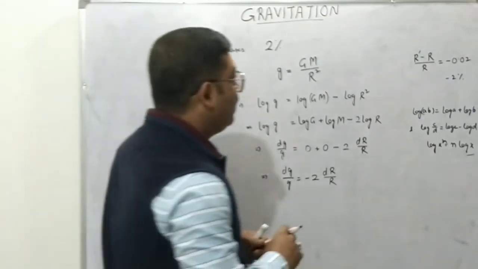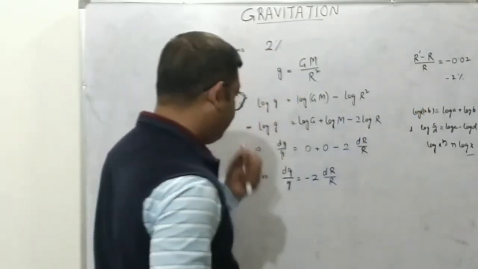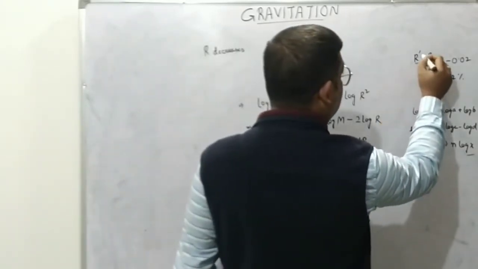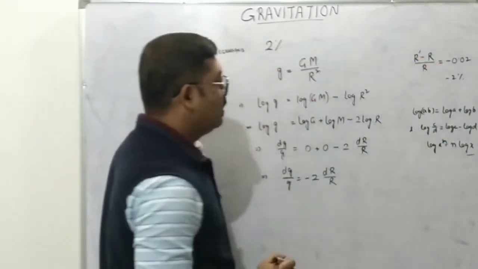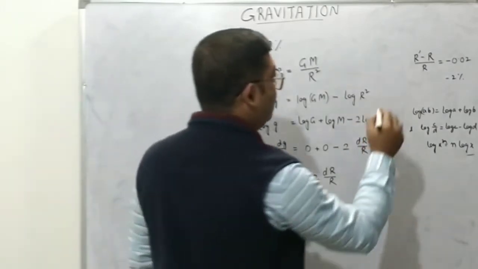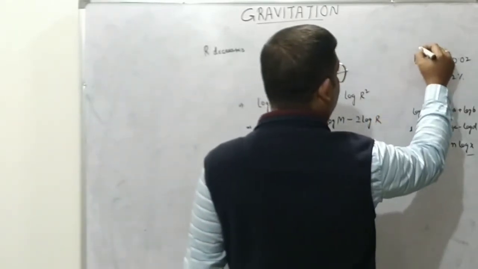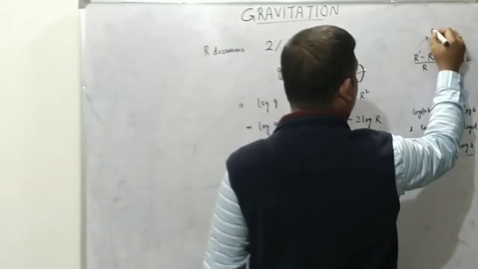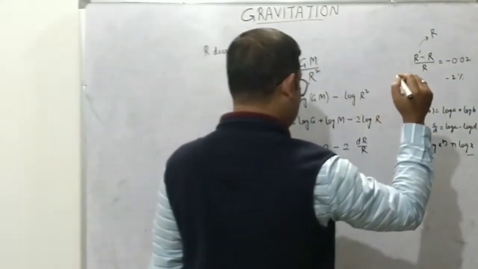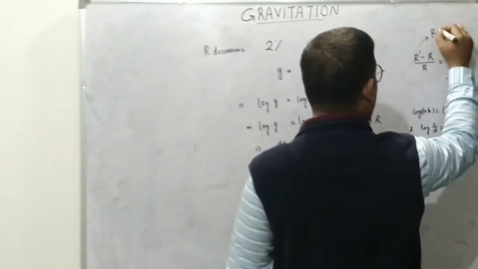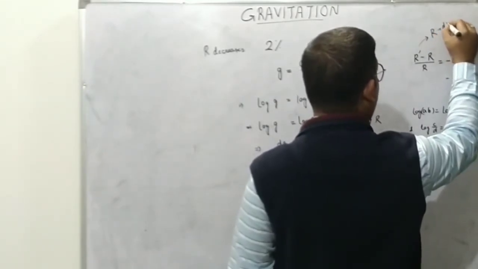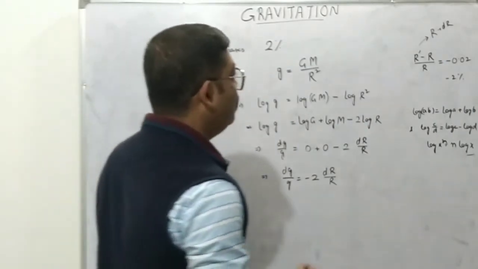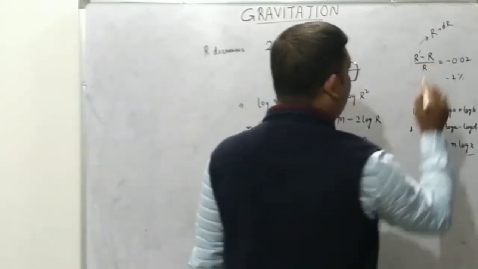Now if you come to this expression, what we have found is r dash minus r. Now what is r dash? Initially it was r, and finally r dash is equal to r plus the change of r, right? We don't know whether it's positive or negative.